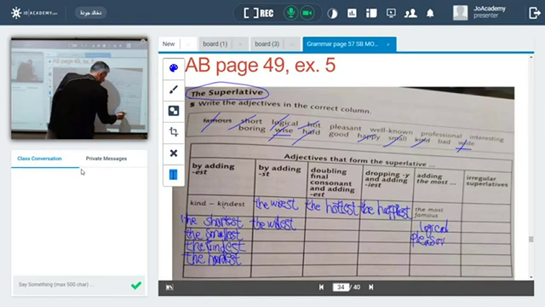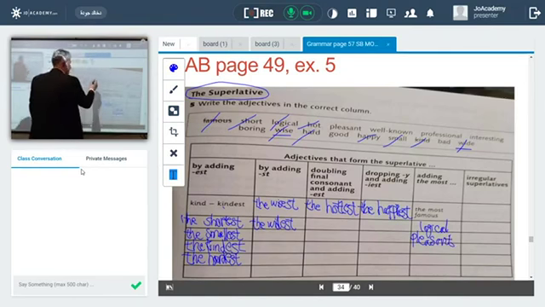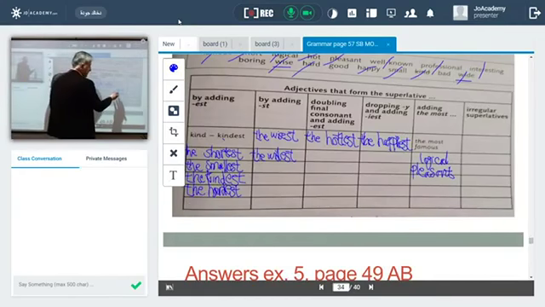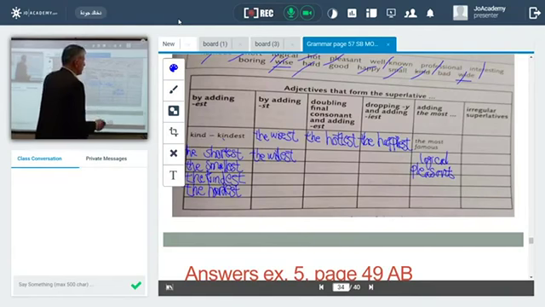Pleasant. The most pleasant. Okay. Take it from the box. The most well-known. Okay. So the most famous, the most logical, the most pleasant, also the most professional.